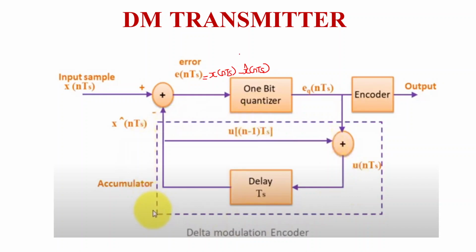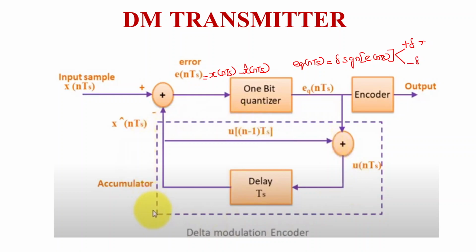This is applied to a 1 bit quantizer. The 1 bit quantizer output is taken as eq of nTs. So, I can write down eq of nTs is equal to delta sgn of e of nTs. So either it will transmit plus delta or minus delta.